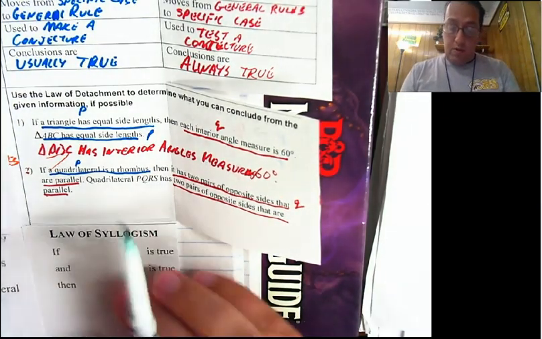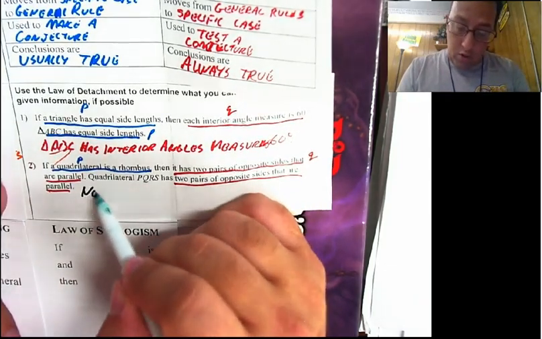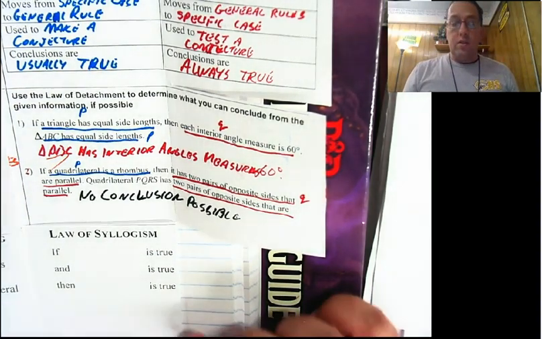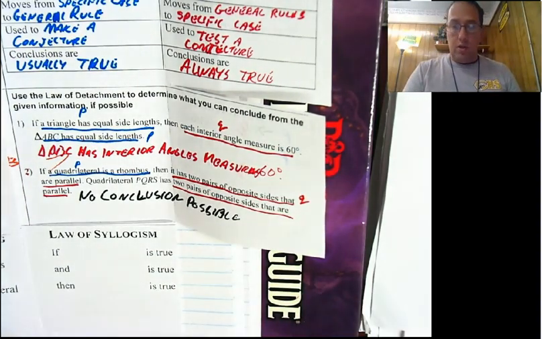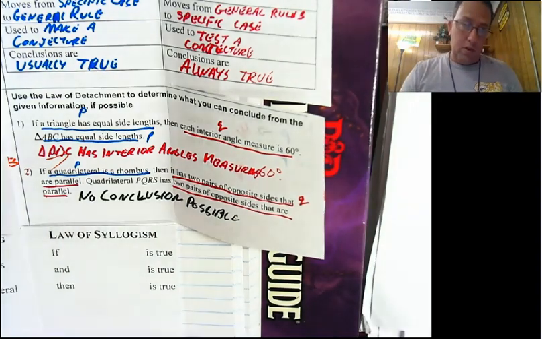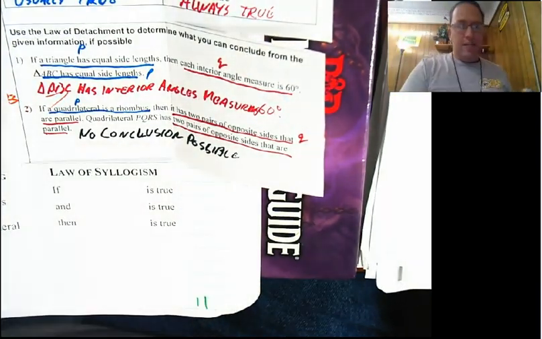Quadrilateral PQRS might be a rhombus. It might not be. There is no conclusion possible because we don't know. The hypothesis is not known to be true, so we can make no assumptions about the conclusion. We don't know. All right, this brings us to the law of syllogism.